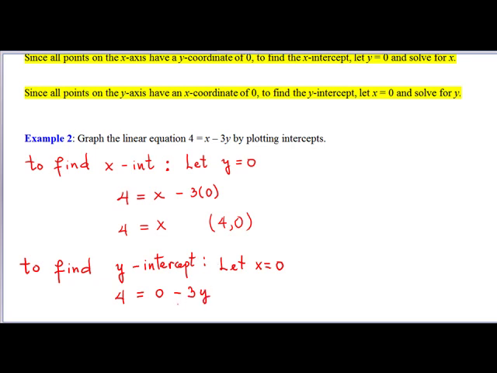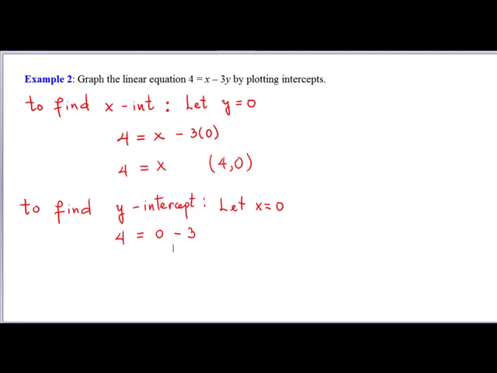To solve for y, let's rewrite this again. So 0 minus 3y is minus 3y, and right here I have 4. To solve for y, I divide by minus 3 only.